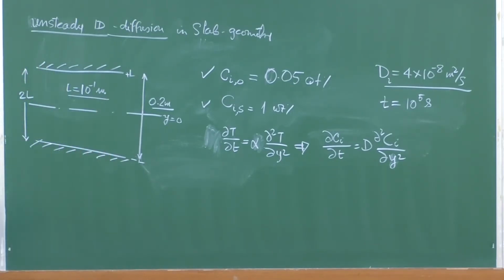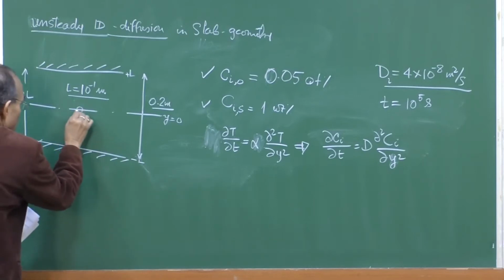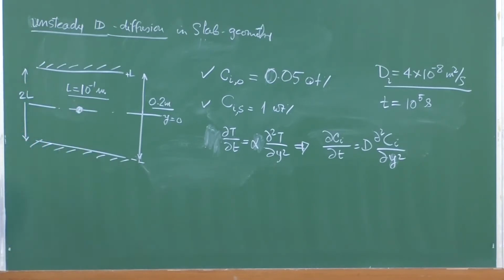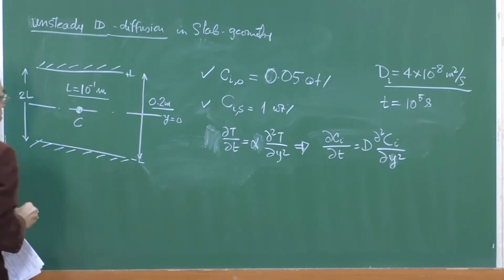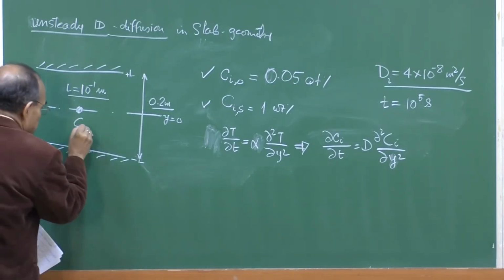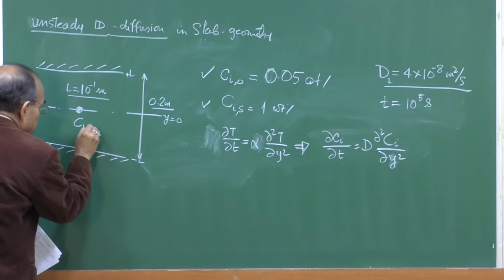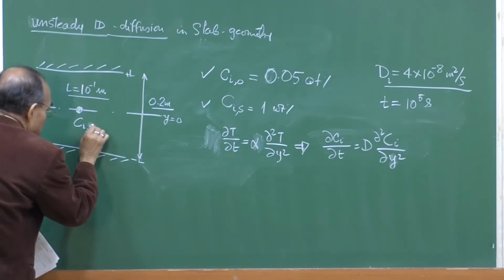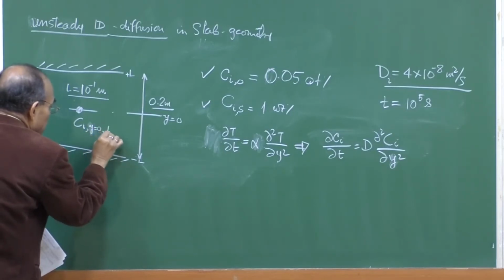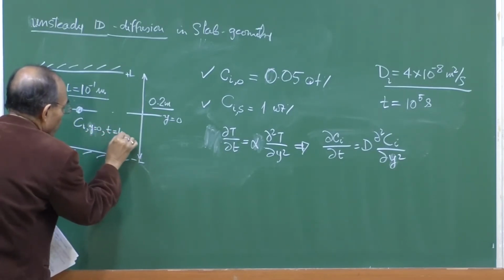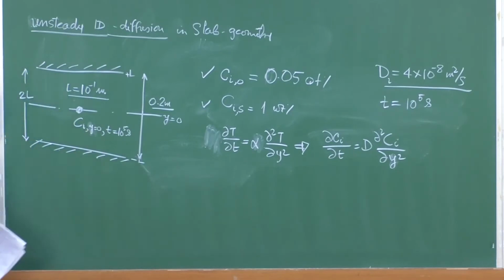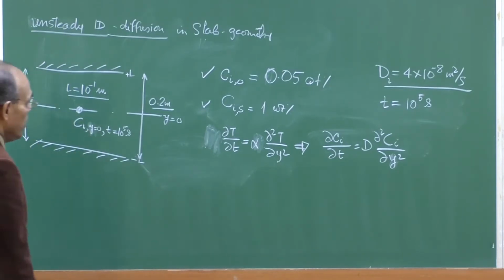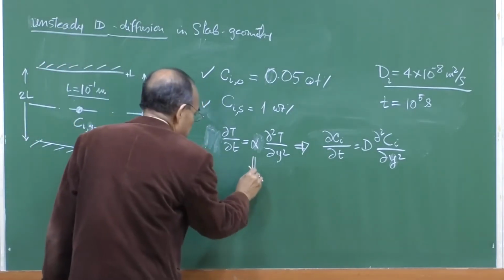So, these values are given and I want to calculate what is the concentration C of I at the center of the slab. Okay. So, therefore, y is equal to 0 and t is equal to 10 to the power 5 seconds. For this I have shown that infinite series solution.